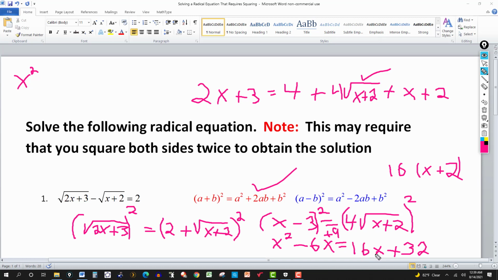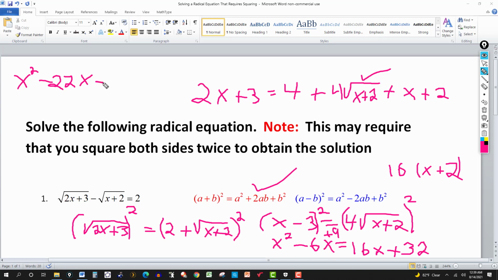And then add minus 16x to both sides, so that cancels it on this side. A minus 6x and a minus 16x is a minus 22x. And then I got 32. I'm going to take it over to the other side. So minus 32, but then on this side I have the 9. So it's a minus 32 and a 9.